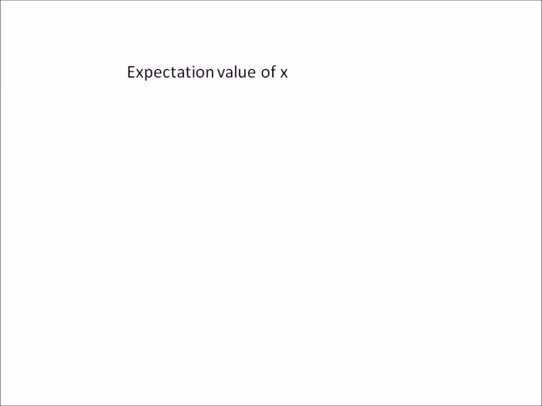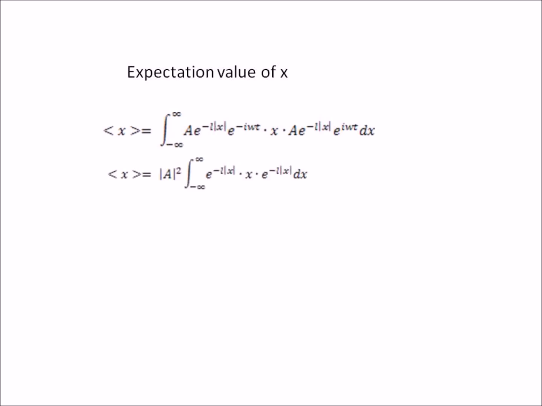Now let us calculate the expectation value of x. Consider again the formula: the expectation value of x is equal to integration of psi star x psi dx from minus infinity to plus infinity. We can rearrange everything and take A square outside the integration as it is a constant.